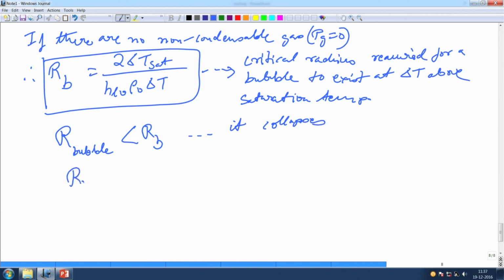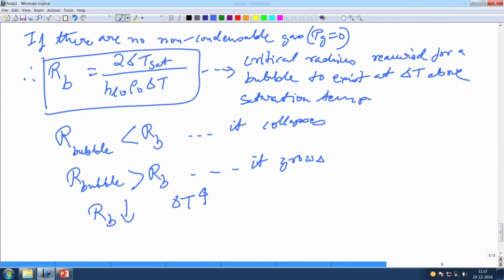If R bubble is greater than RB, it grows. One other thing to mention is that RB becomes smaller as delta T goes up, which you can see from the inverse relationship, that with increase of degree of superheat, the critical bubble sizes also grow smaller.